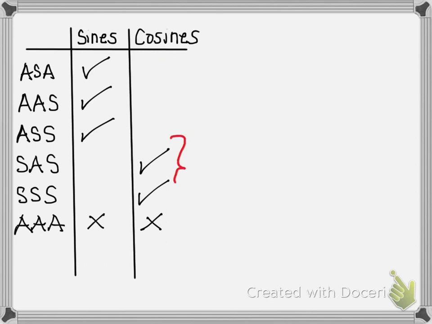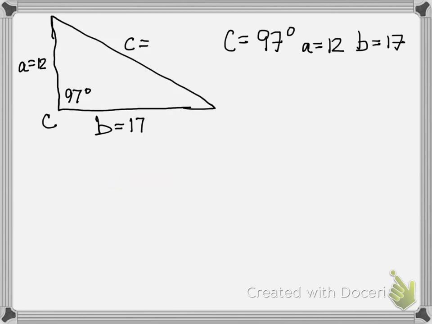And if I'm given either of these two, I need to start off with law of cosines. Well, in the case that we are looking at, we are given SAS. So we're going to use law of cosines. There you see it, side, angle, side, SAS.